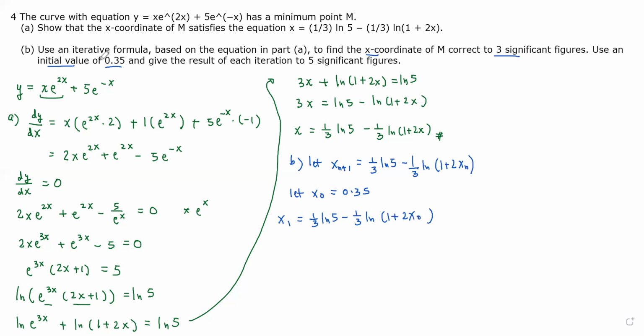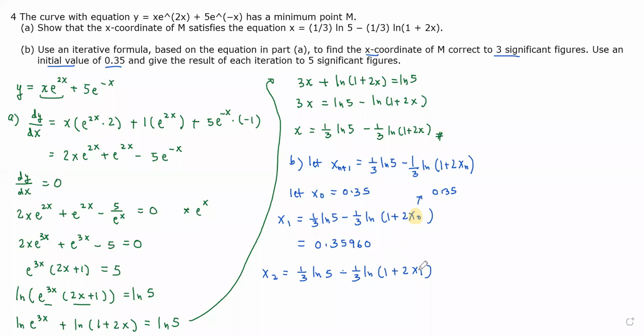This x naught we will replace with 0.35 and using the calculator, we have 0.35960 to 5 significant figures. Then x sub 2 here is 1/3 ln 5 minus 1/3 ln(1 plus 2 x sub 1).